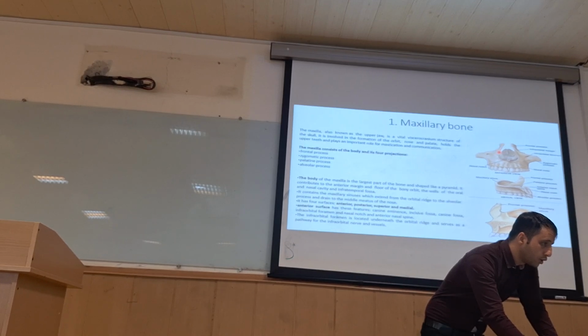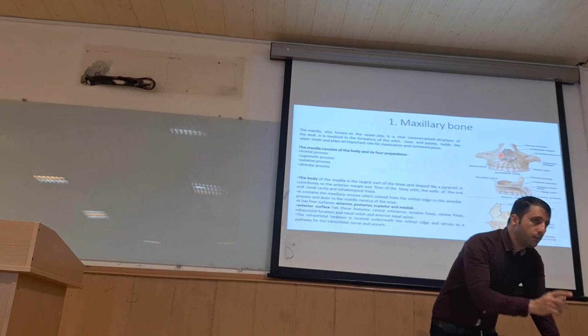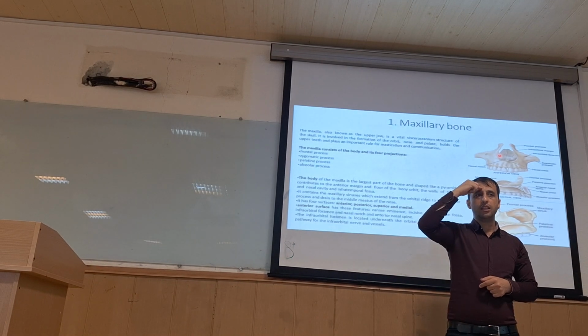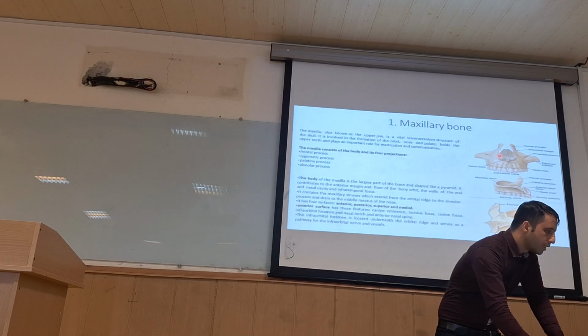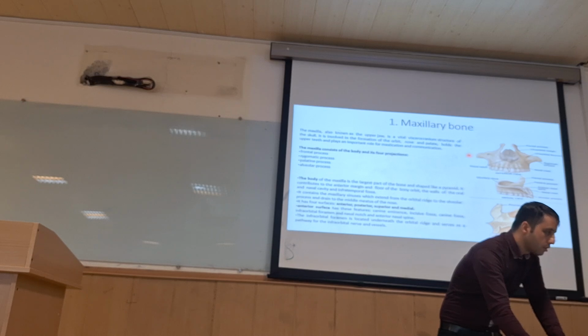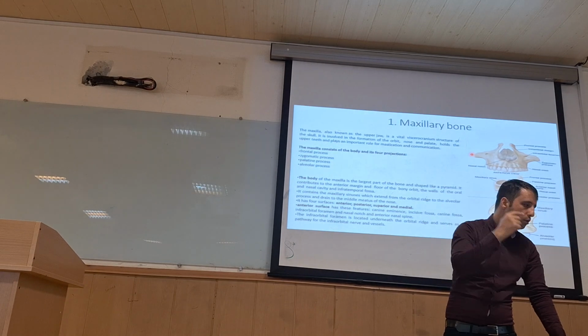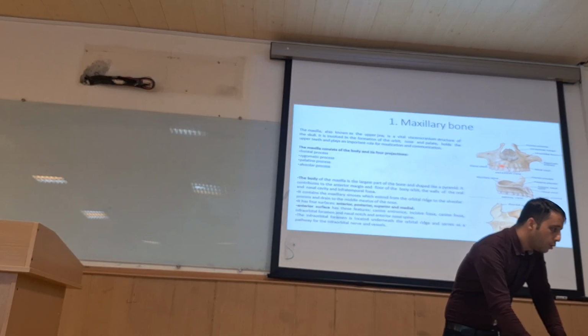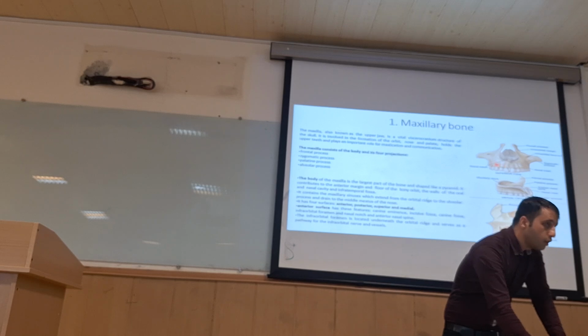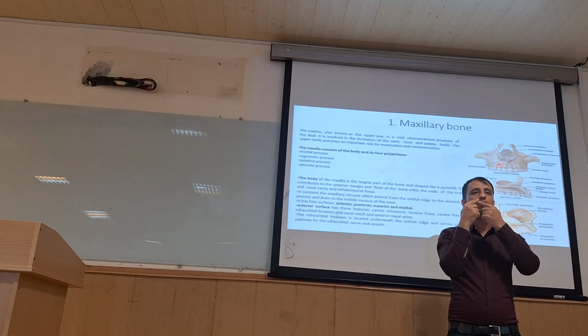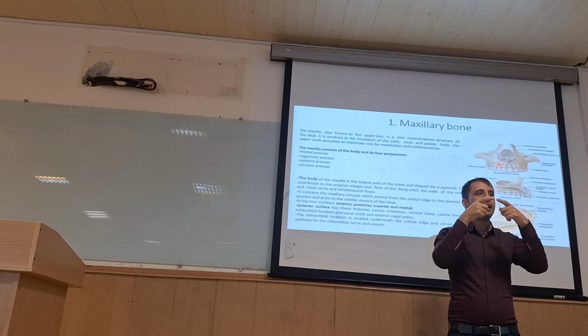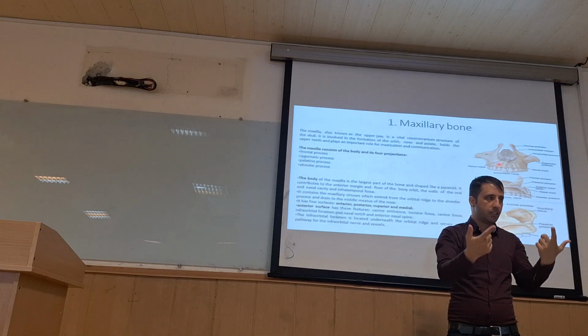The frontal process travels superiorly to arrive at the frontal bone. Here is the zygomatic process, arriving at the zygoma. Here is the alveolar process, which attaches to the alveolar process of the other side and makes the alveolar arch for your teeth.